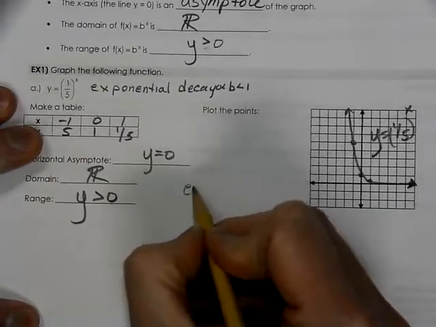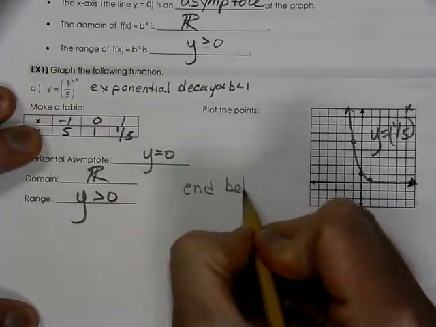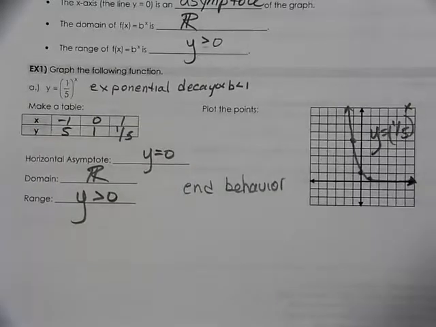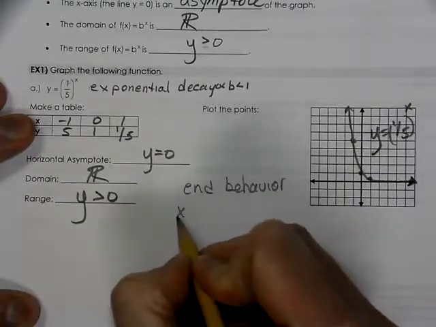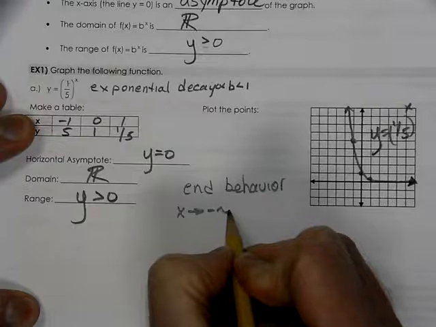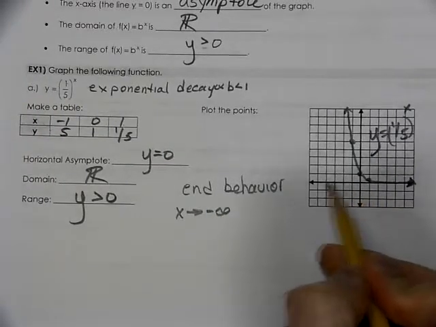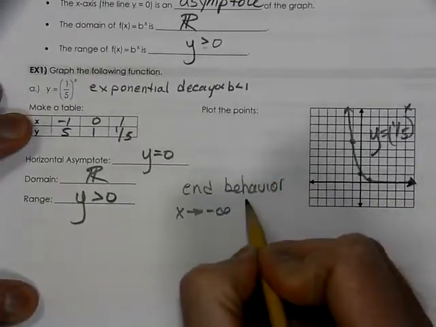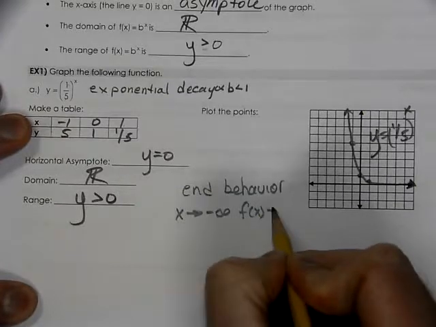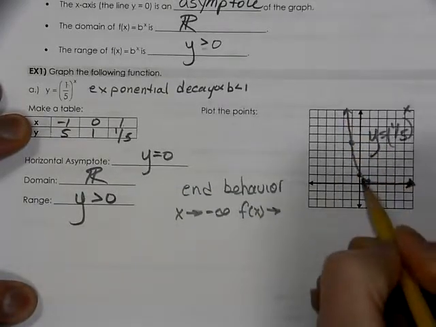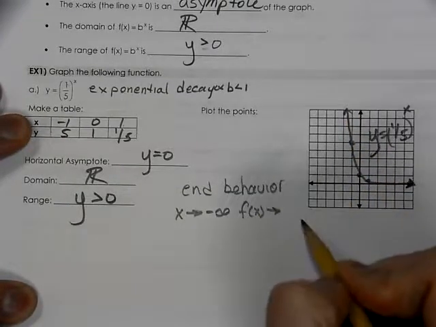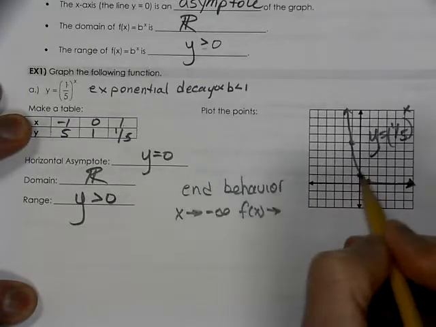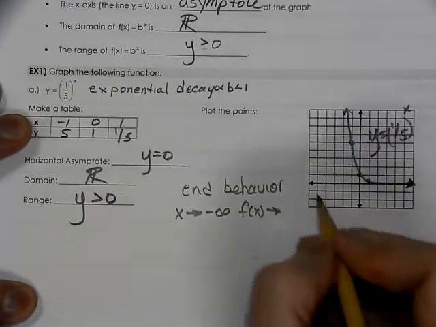If we were to talk about end behavior, as x approaches negative infinity, as we look at x values that are smaller, the function is increasing. As x moves to the left, the graph, the range increases.